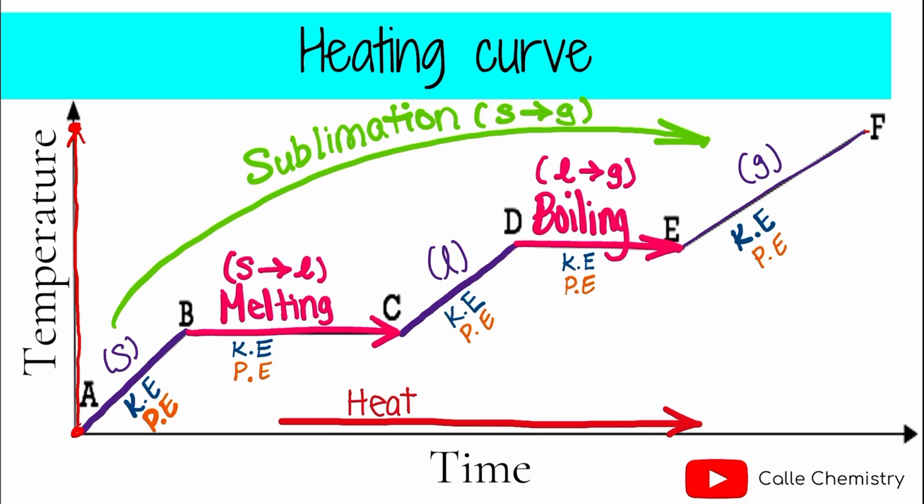So as temperature goes up, the average kinetic energy also goes up. So overall, in the heating curve, we see that the energy is increasing. It's going up as you go from point A to point F. So we can say that the heat overall in this curve is being added or being absorbed.